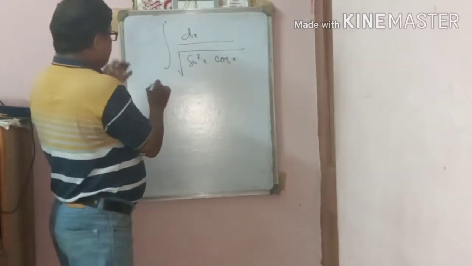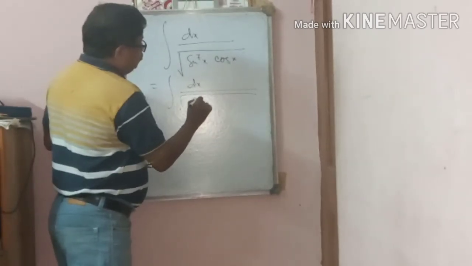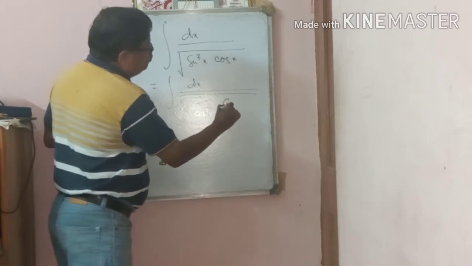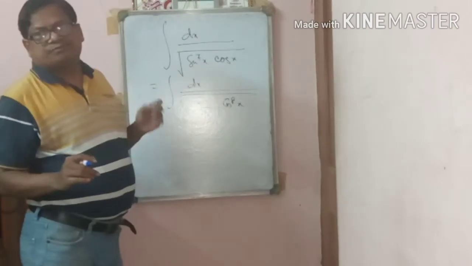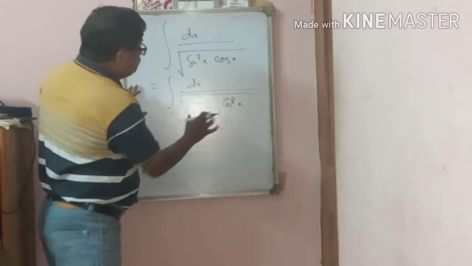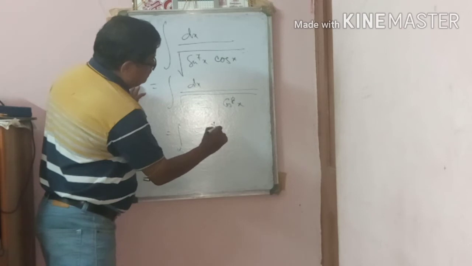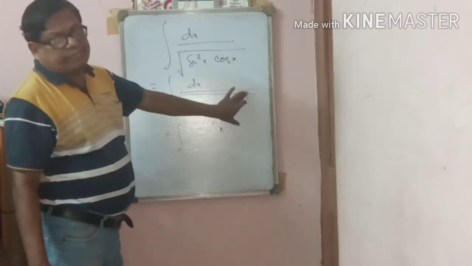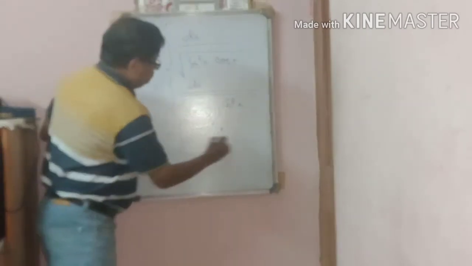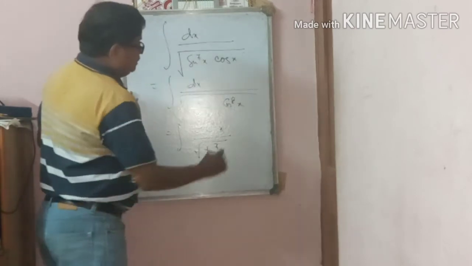So we can write here dx by root under sin to the power 7x by cos to the power 7x into cos to the power 8x. See, 7x, 8x, so only cos x remains. So the upper part will be sec to the power 4x, cos to the power 8 under the root gives cos to the power 4, which goes outside as sec to the 4, by root under tan to the power 7x dx.